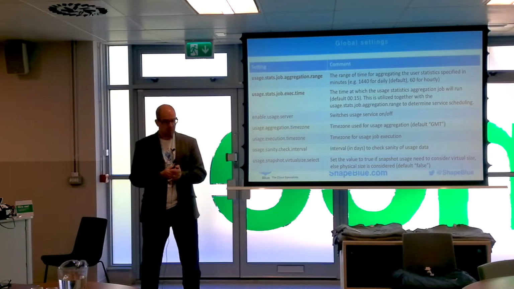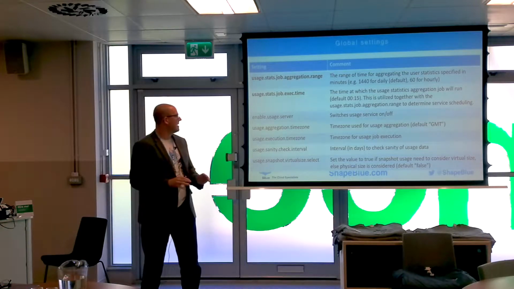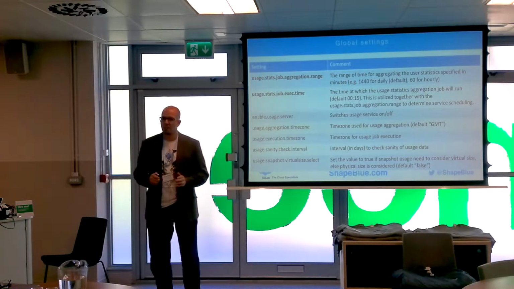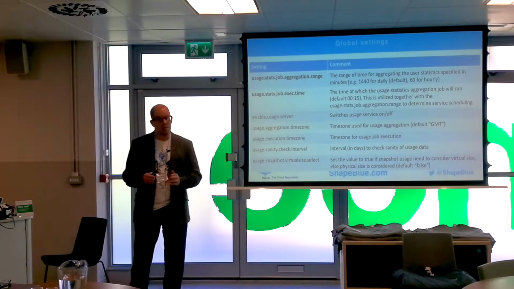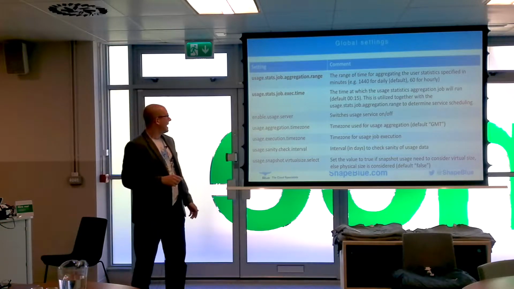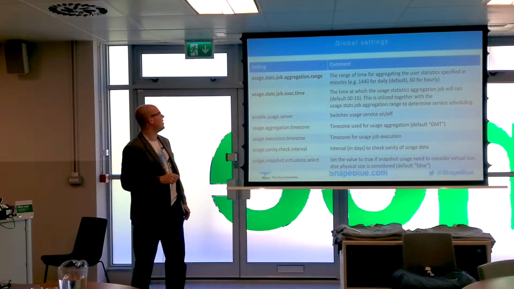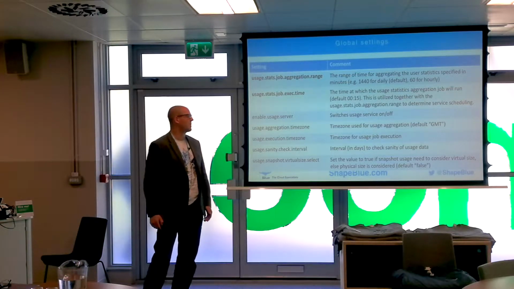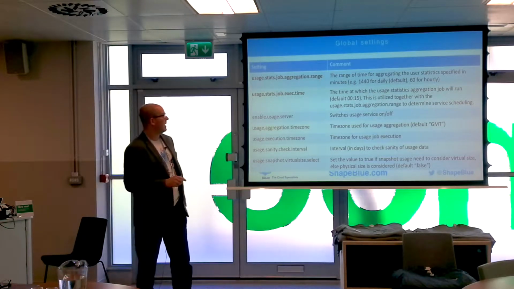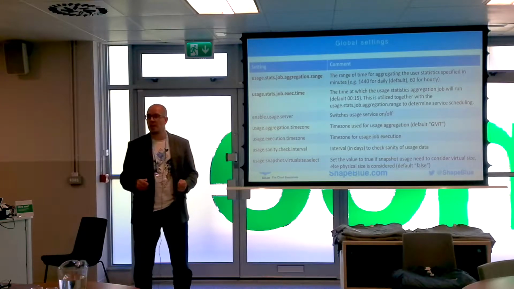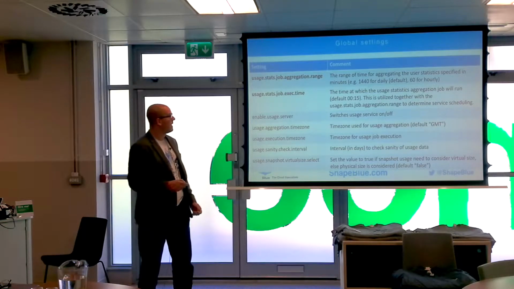The way the CloudStack User Service executes jobs is slightly tricky. It's something that might need some improvement in the long run, but ultimately, that's the time your user service kicks off, and it'll then aggregate for every time period that you have set in your user stats job aggregation range. I'll get back to how that's used in the reporting a bit later on.